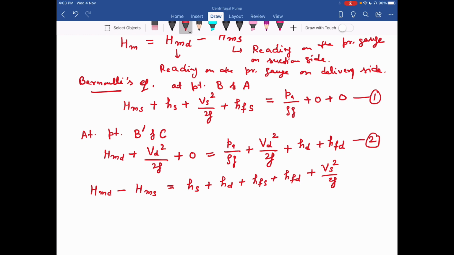So my manometric head is equal to the static head HS plus HD, plus the total frictional head HFS plus HFD, plus Vs square divided by 2g.